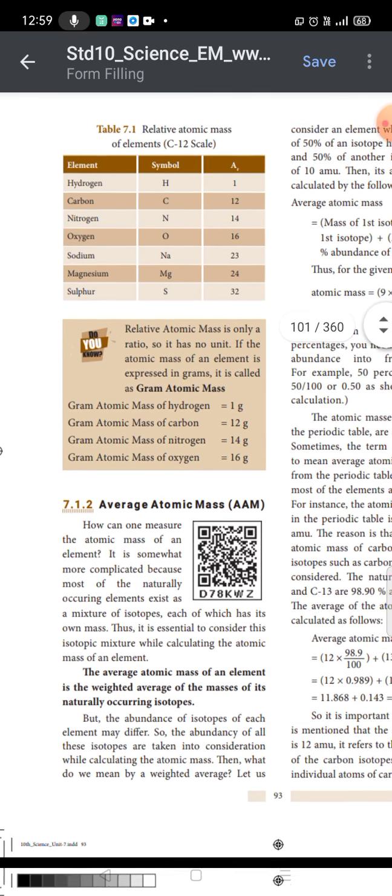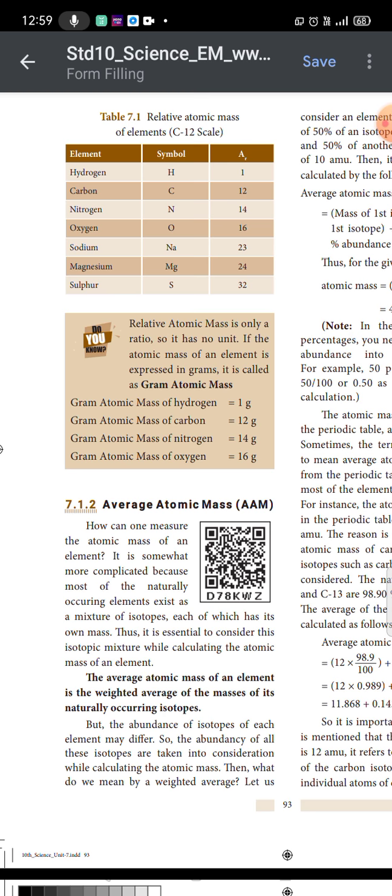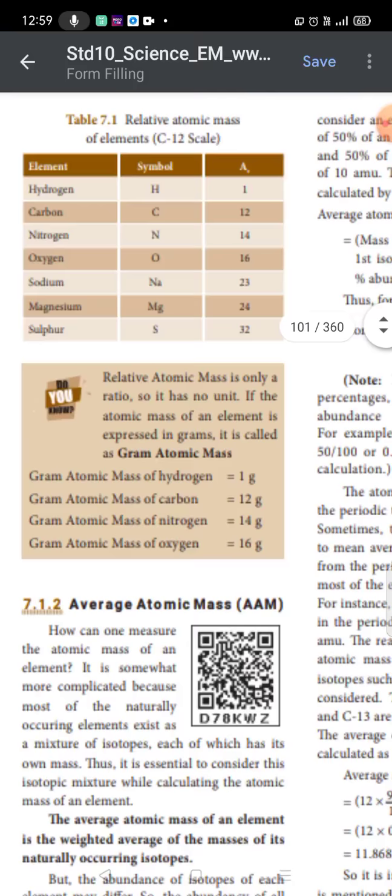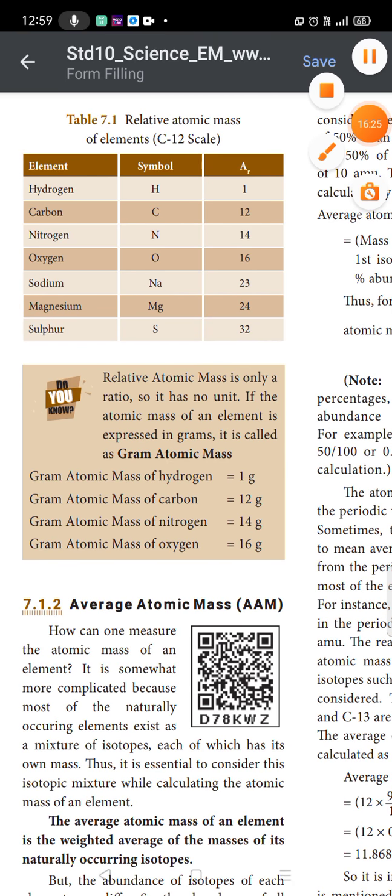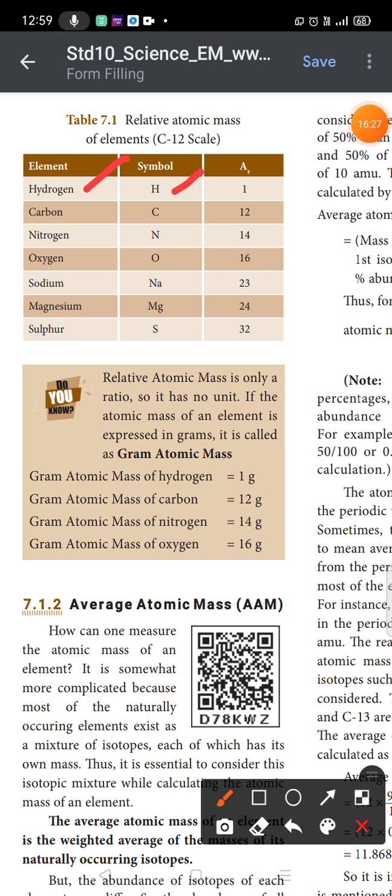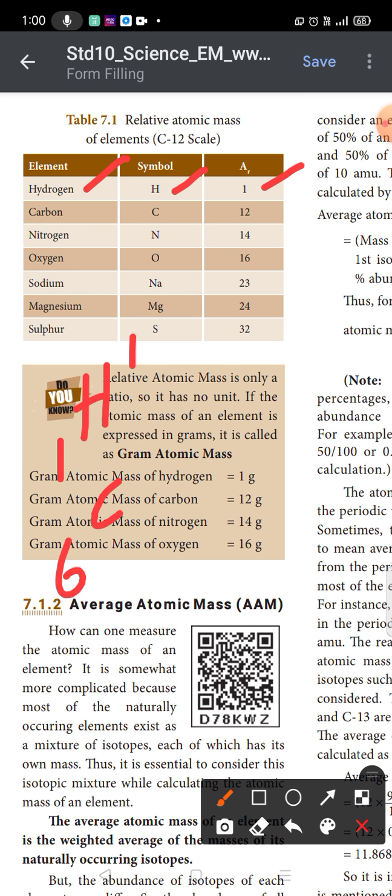Here is the relative atomic mass of elements on the carbon-12 scale. Hydrogen has the symbol H, and atomic number 1, mass number also 1. In the case of carbon, the atomic number is 6 and the mass number is 12.